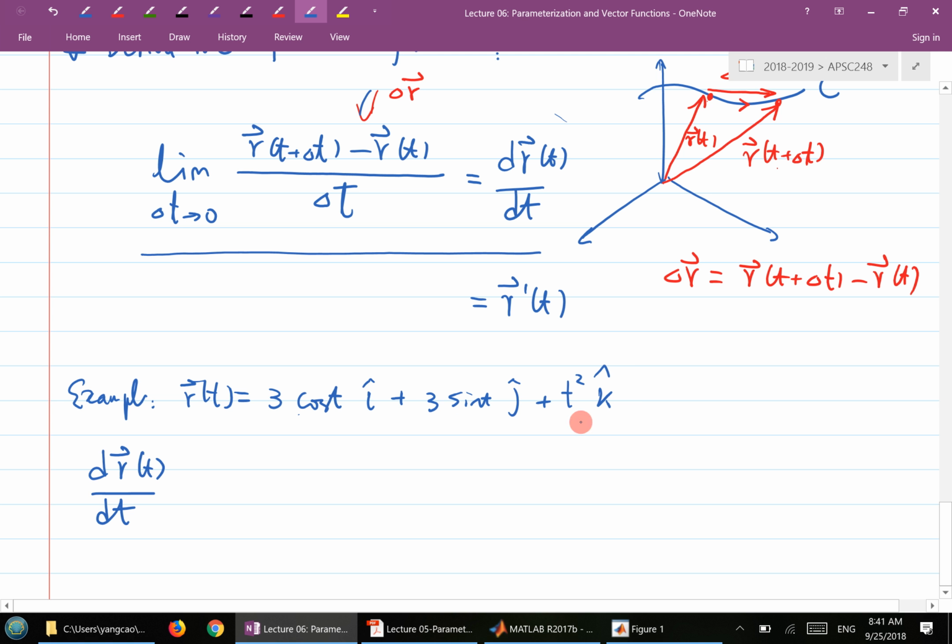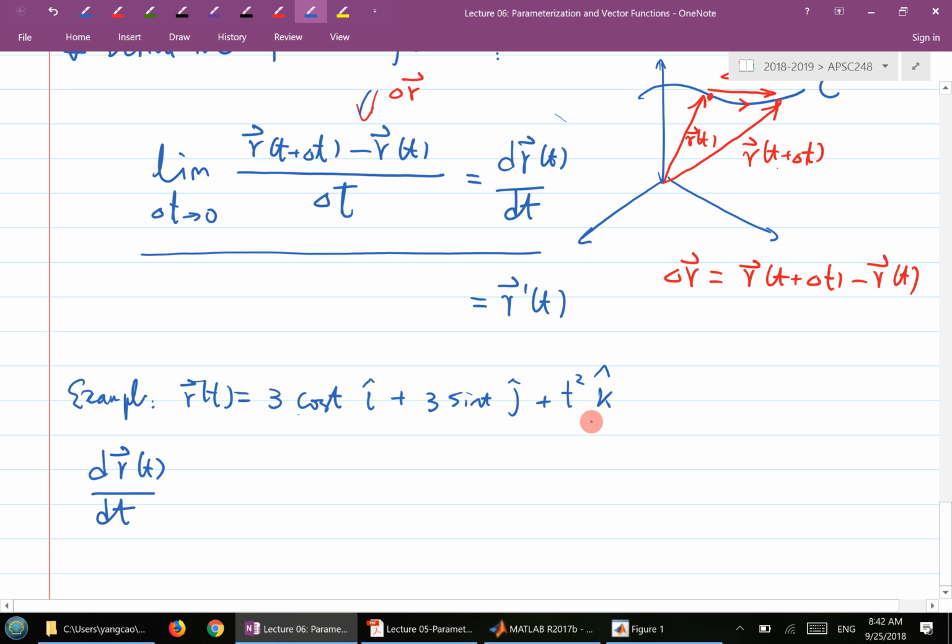What does that remind you of? What type of curve are we talking about here? It's a spiral, isn't it? But it's not the usual spiral, because the z component here is t squared. Instead of evenly going up, the spring is nonlinear and spreads out as t goes on.